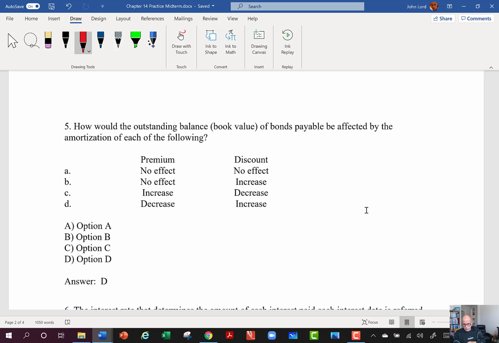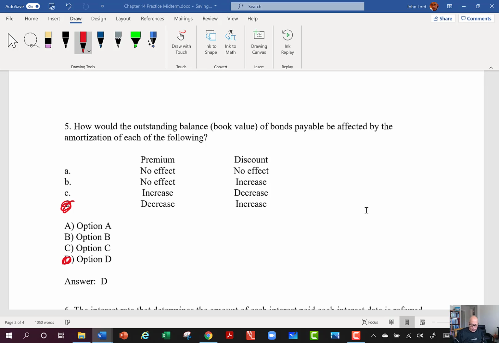And as we make that premium, which gets added to the face, smaller, the carrying value of the bond decreases. The discount is being subtracted from face, and as you amortize that discount, make it smaller, the carrying amount of the bond is going to start out less than face, and it is going to come up towards face, right? So as you amortize the premium, what happens? The carrying amount decreases. As you amortize the discount, the carrying amount increases.